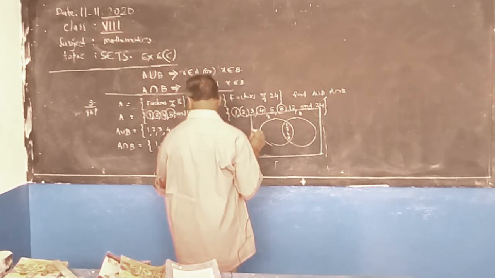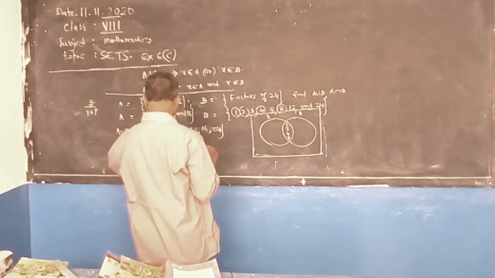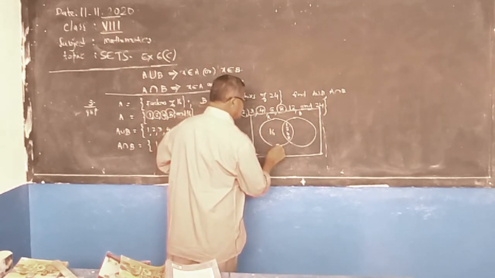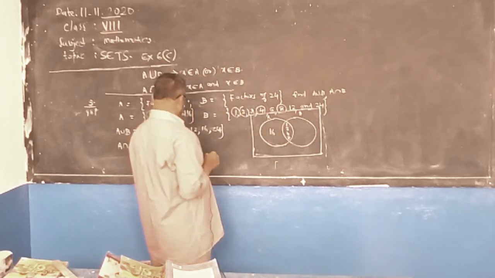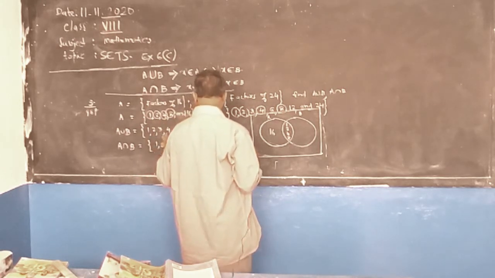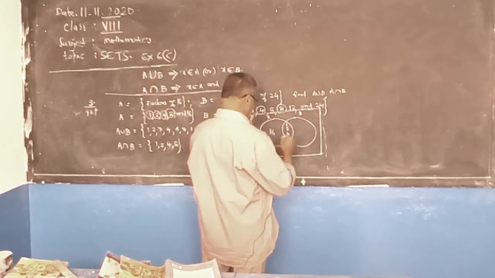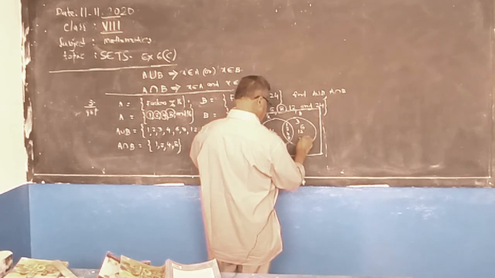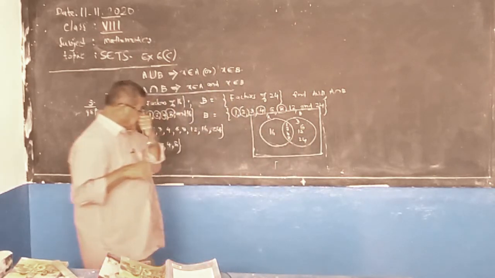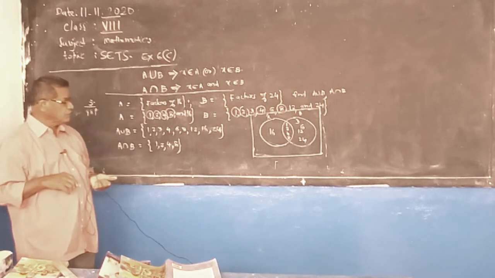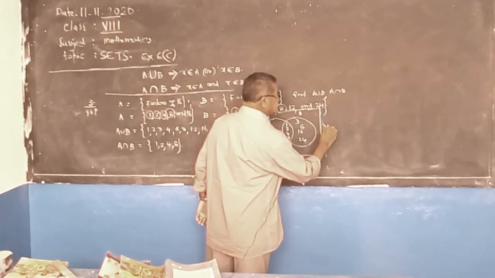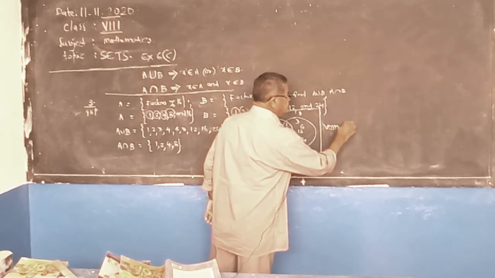The remaining element in set A is only 16. This is set A. Set B has the common elements 1, 2, 4, 8, and the remaining elements 3, 6, 12, 24. This is the representation of a Venn diagram. We call this a Venn diagram.